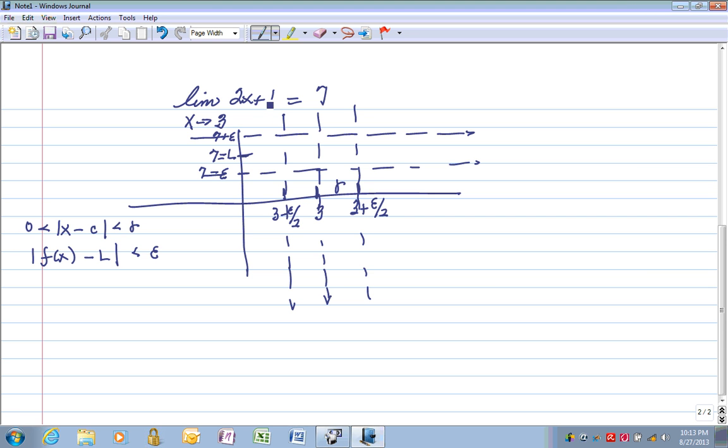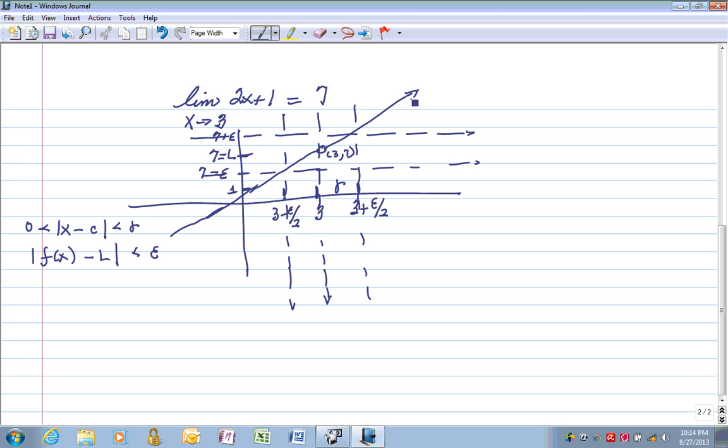So you have a line with the y-intercept of 1 coming through here. It'll be a straight line coming through here, and an open circle at 3, 7. And it's going to go on out.